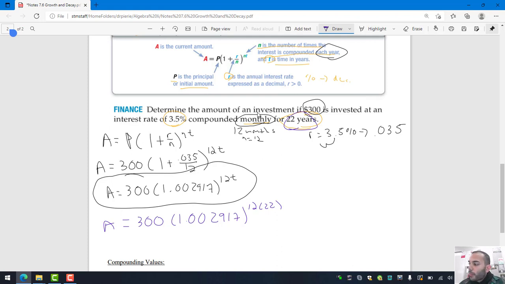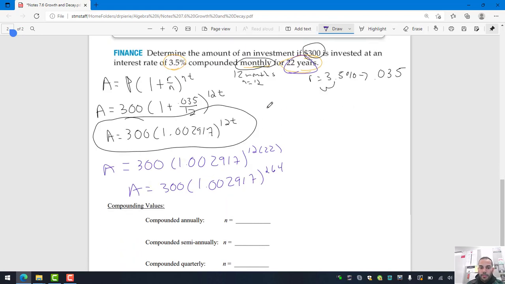Order of operations here. Let's clean this up a little bit. The first thing I'm going to do is multiply these exponents together. 12 times 22 should give you something like 264.